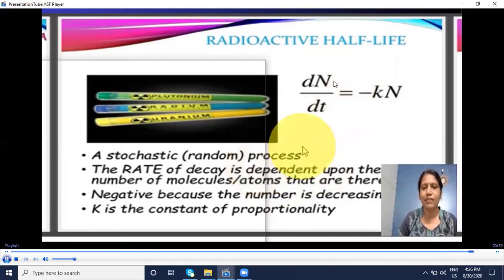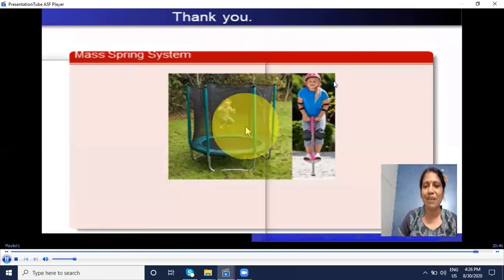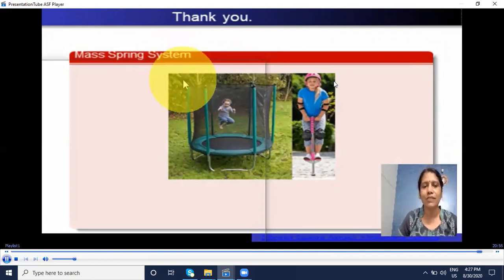So, like this, even our first order differential equation can be used to find the radioactive half-life of radioactive elements. And another example is the mass spring system. Second order differential equations are used in this one. Even this mass spring system is used in all vehicles, that is, shock absorbers, we say.